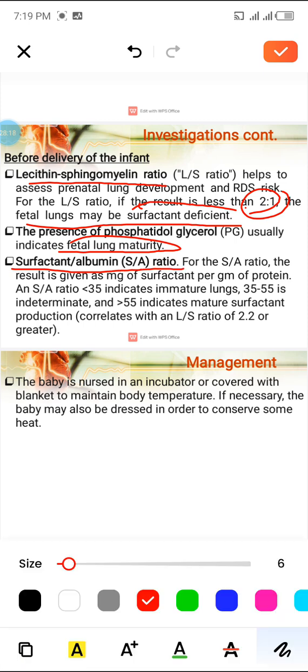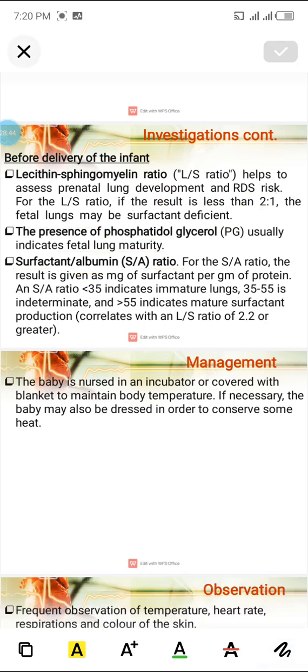Under surfactant albumin ratio, you expect this one, which will say it correlates with an LS, which is a lecithin sphingomyelin ratio of 2 to 2. So this one mostly gives you 2 to 2. This is the surfactant albumin ratio. But then the lecithin sphingomyelin ratio is 2 to 1. That's what you expect. Okay, so this is about the investigations that are done.